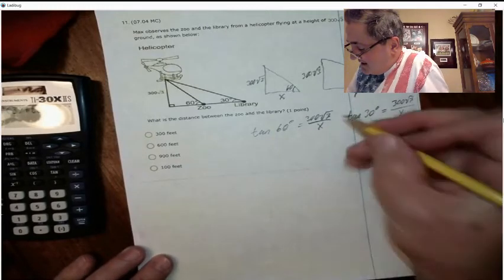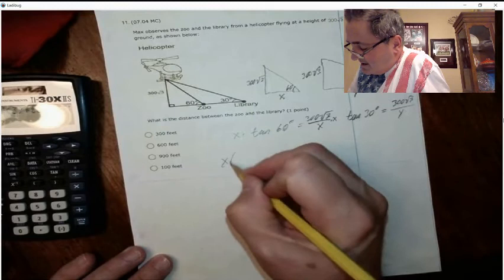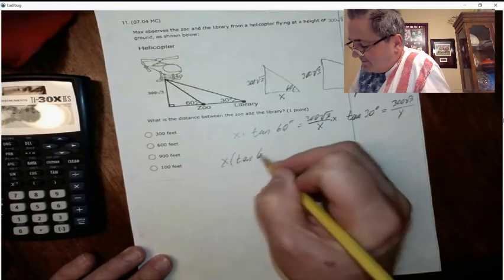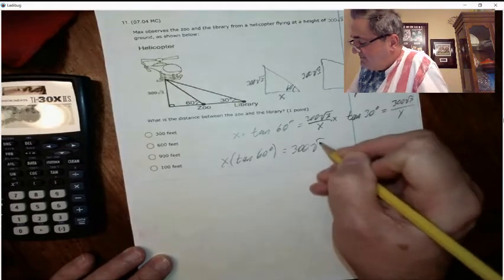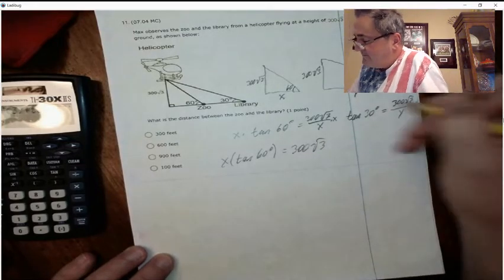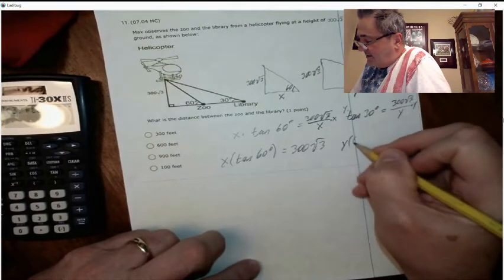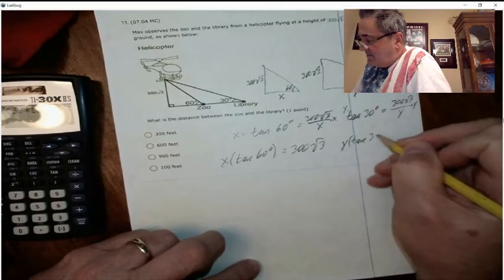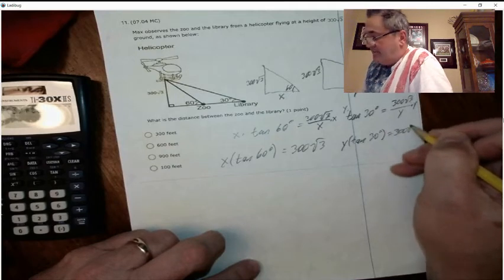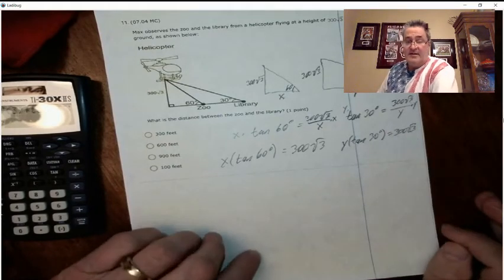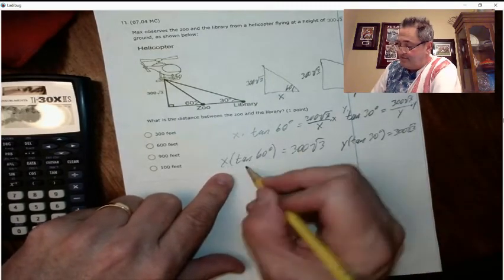What's on the bottom? The x. Multiply both sides by x. So here we have x times the tangent of 60 degrees equals 300 square root of 3. Over here, multiply by y. We have y times the tangent of 30 degrees equals 300 square roots of 3. Getting closer? We want x by itself. Right now it's being multiplied by this, so let's divide by this.